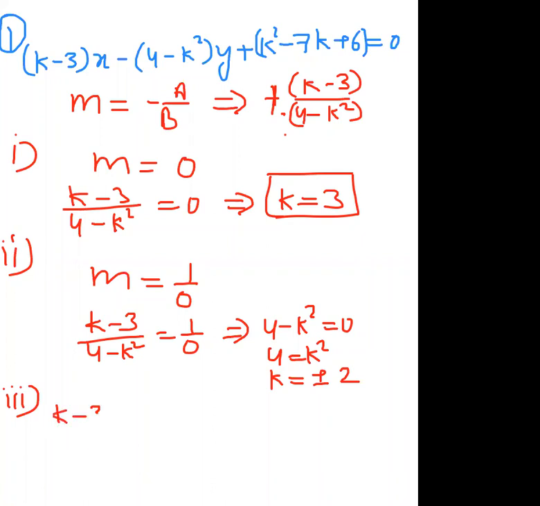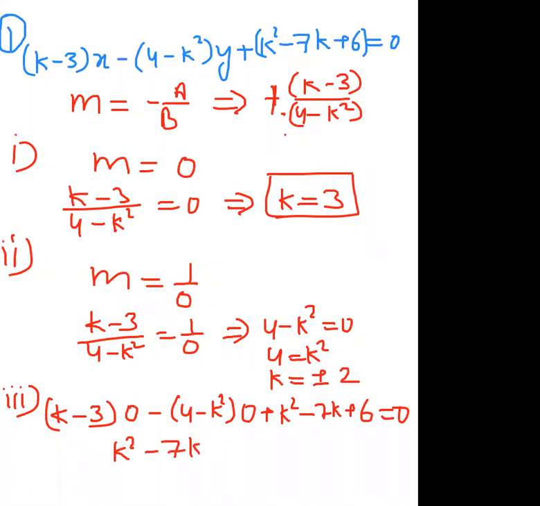So k minus 3 into the x value, which is 0 because it is passing through 0, 4 minus k square, into 0, plus k square minus 7k plus 6 equals 0. So we are getting k square minus 7k plus 6 equals 0. With this, we will be able to calculate k.